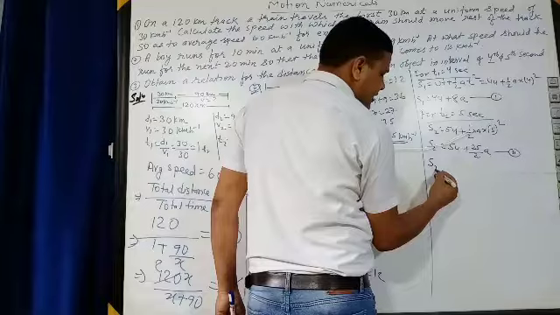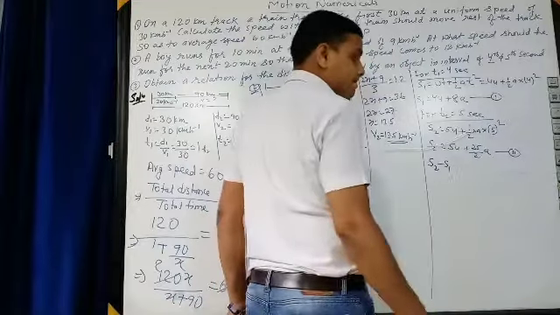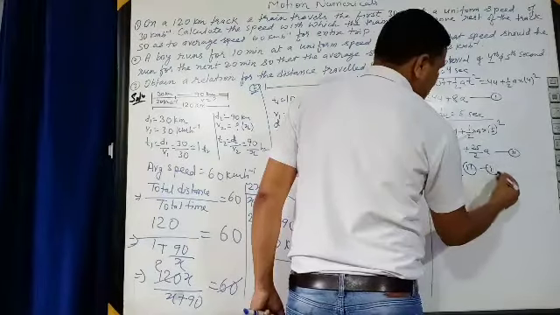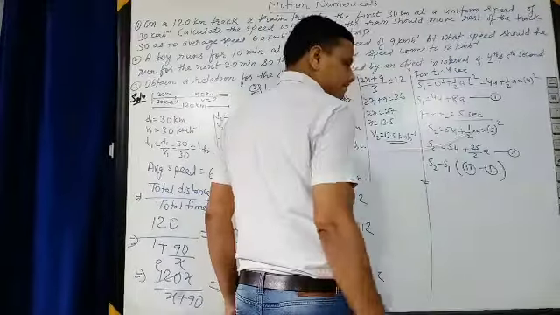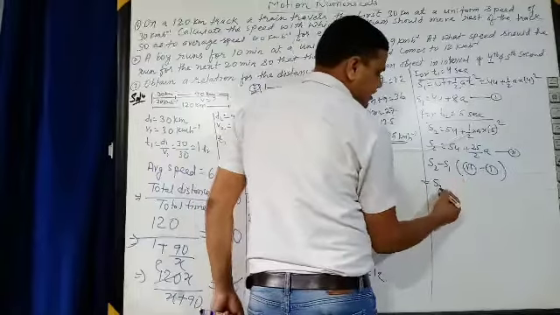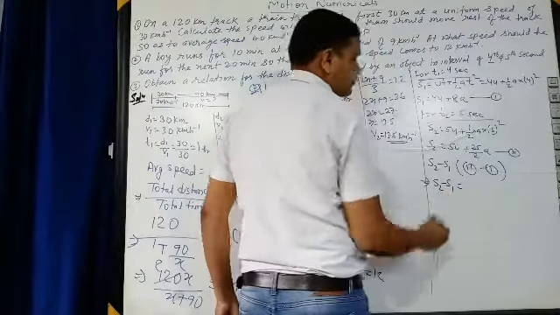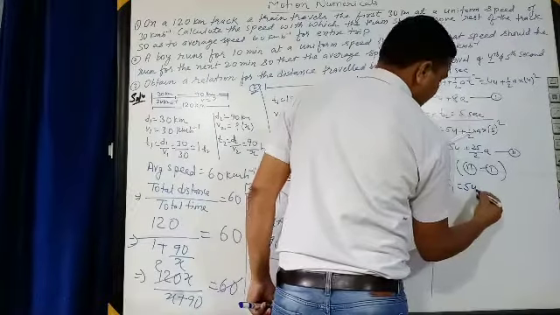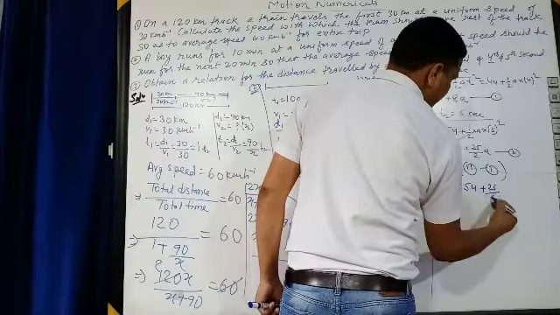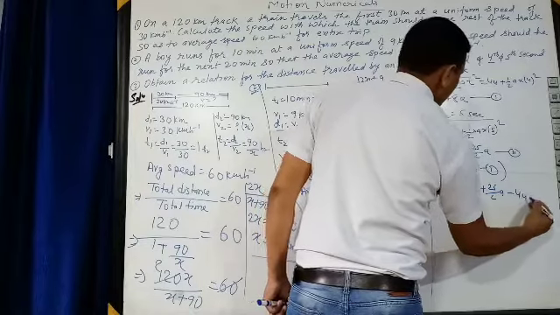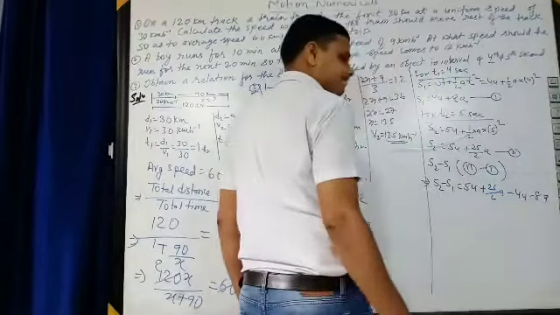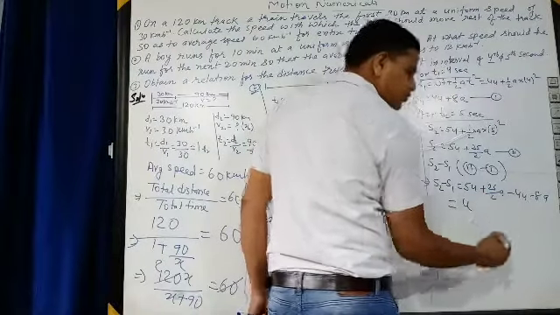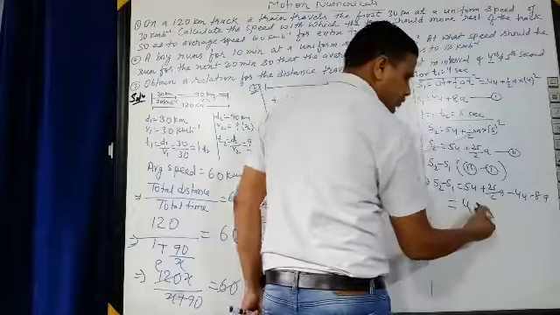Now we have to obtain the relationship between the 4th second and 5th second. So you can write S2 minus S1, that is equation 2 minus equation 1. S2 minus S1 is 5u plus 25 by 2 a minus 4u minus 8a. 5u minus 4u is only u.